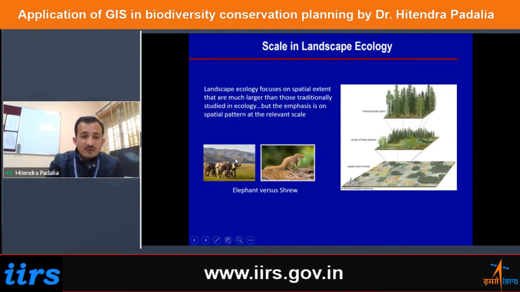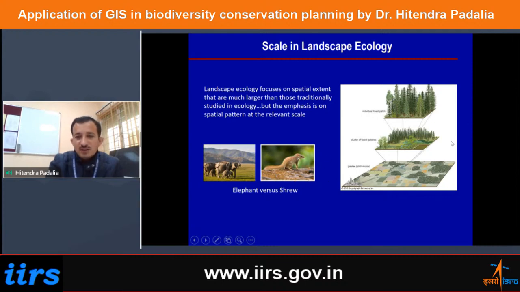So obviously, even coarse resolution satellite data can meet your requirement of preparing a broad zonation of vegetation cover on which elephants are dependent. But for a very small squirrel, you have to take very high resolution satellite data in order to highlight the micro variability of a very small place, which is the landscape for this particular animal.